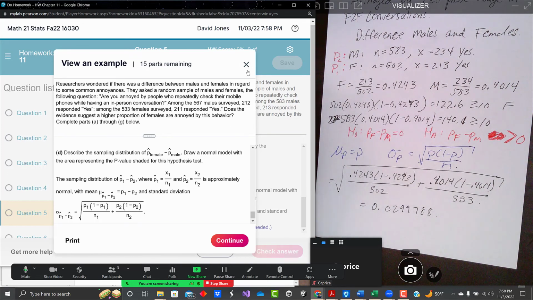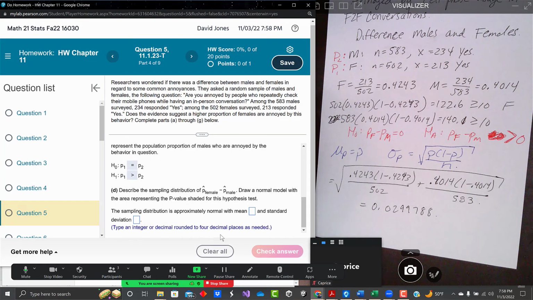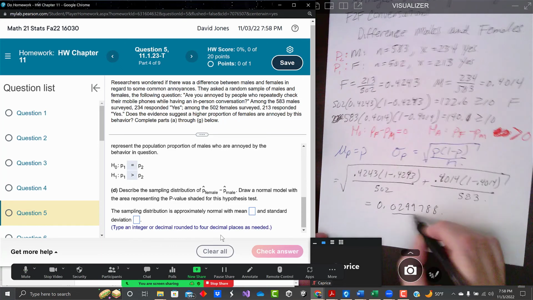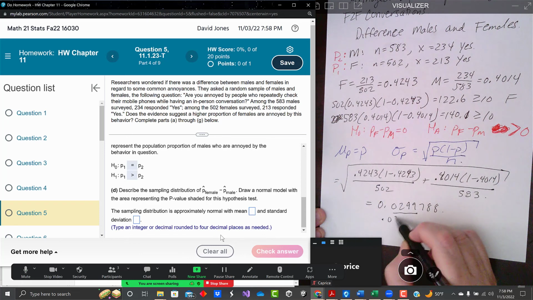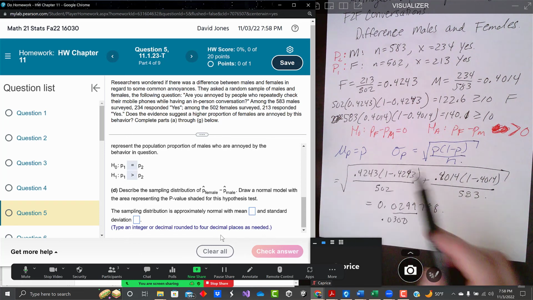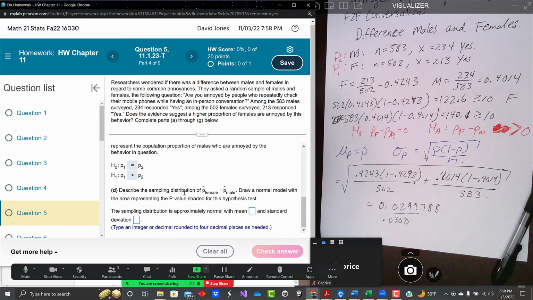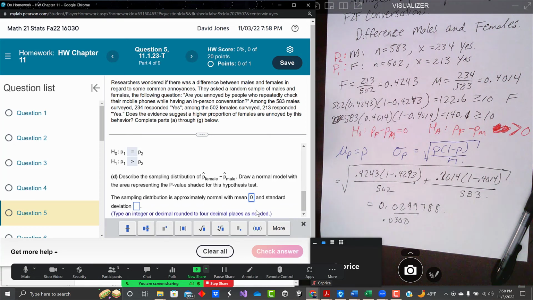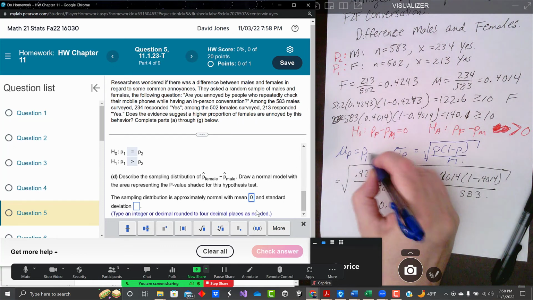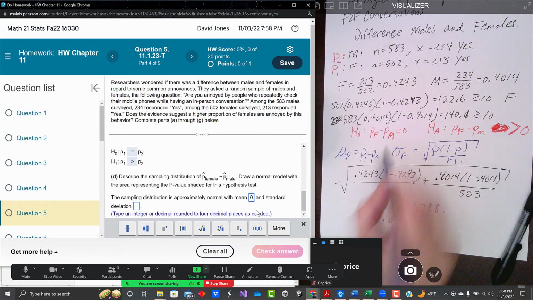And they want 4 decimal places, so 0.0300. The mean is my p1 minus p2 is 0. That was the p we're using in H0.